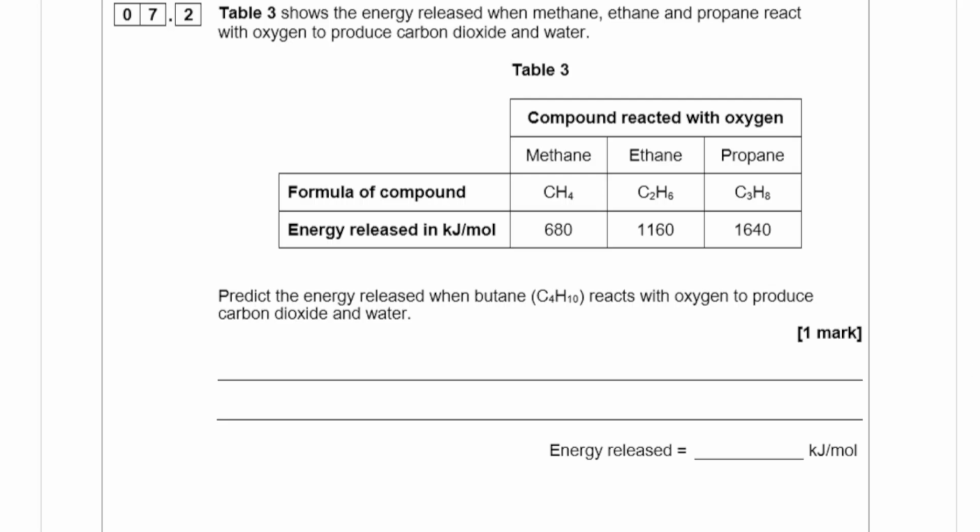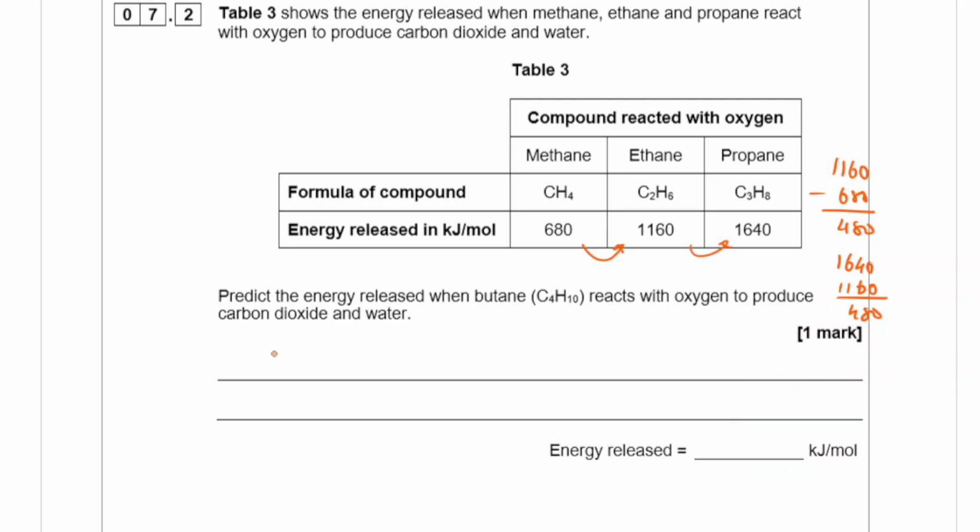Now, we can work out how much it's actually going up by each time. 1160 minus 680 is 480, and if I do 1640 minus 1160, I get 480 again.